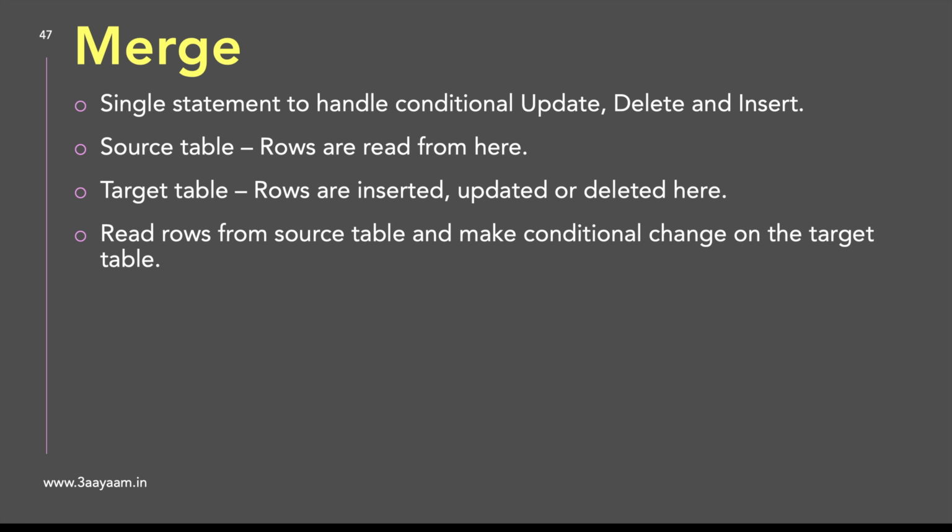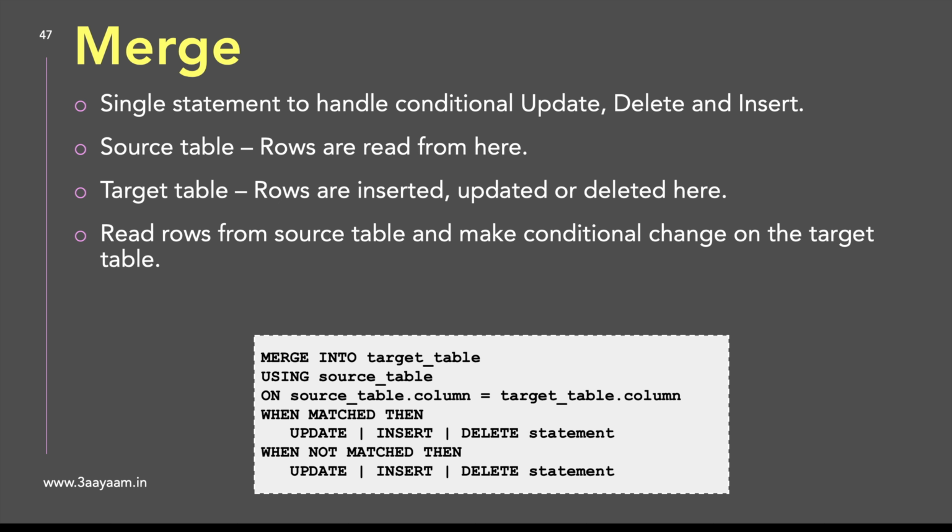What the merge statement does is read rows from the source table and make conditional changes on the target table. Now the conditional change can be update, delete, or insert. So the statement is like this: merge into target table. The target table would be the final production table, using source table.